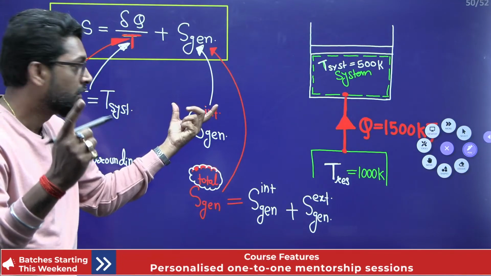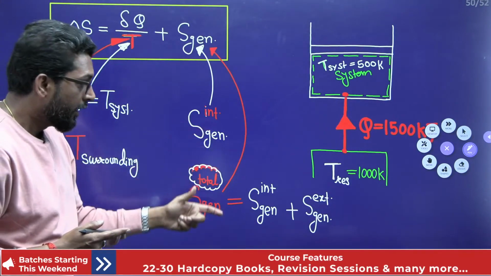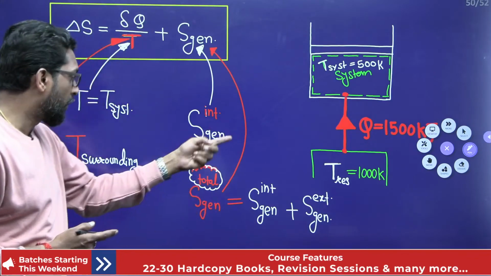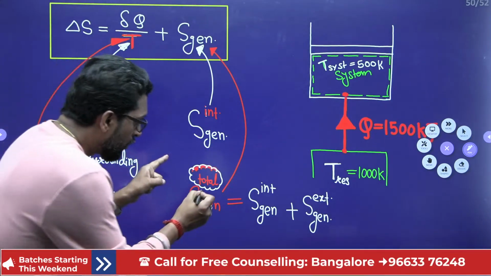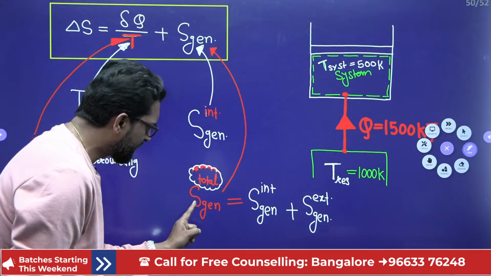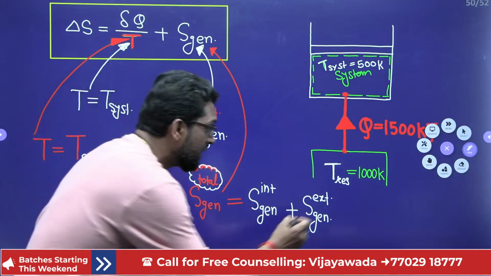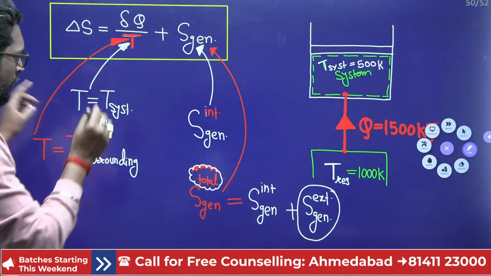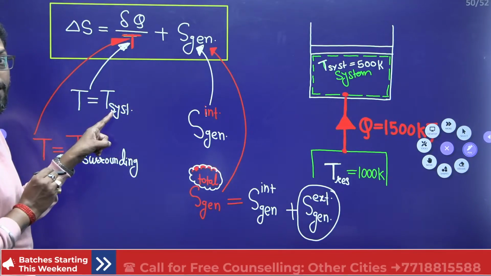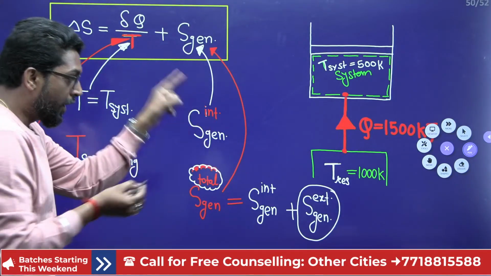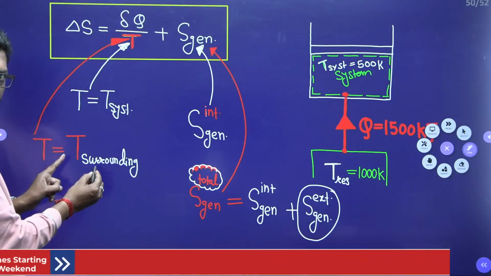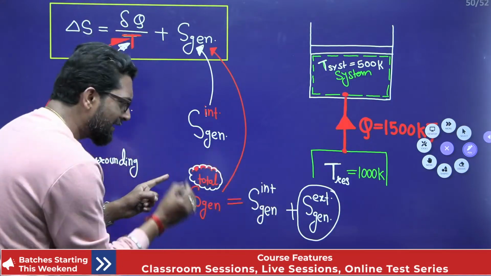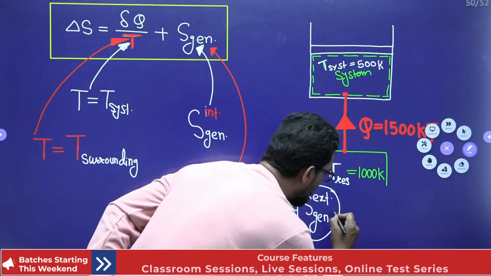Then you find the total generation from this equation using the surrounding temperature. Then from the total generation, subtract the internal generation, and you find the external generation. This is the beauty of this question.